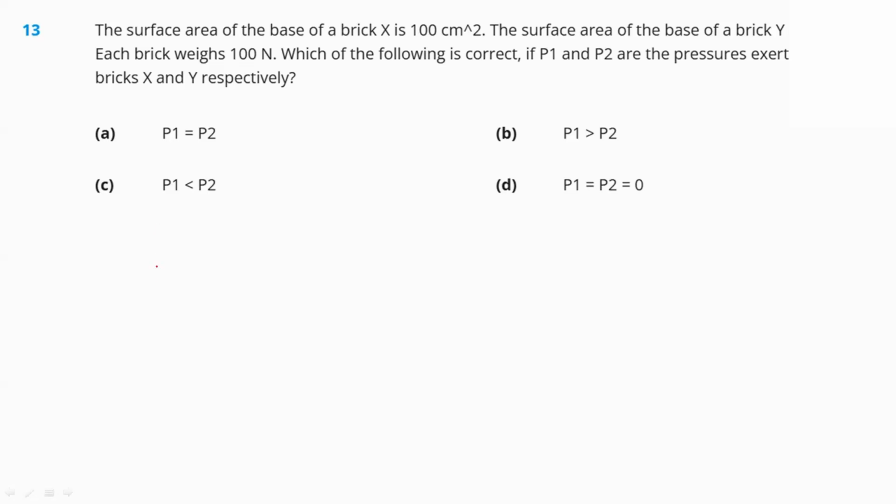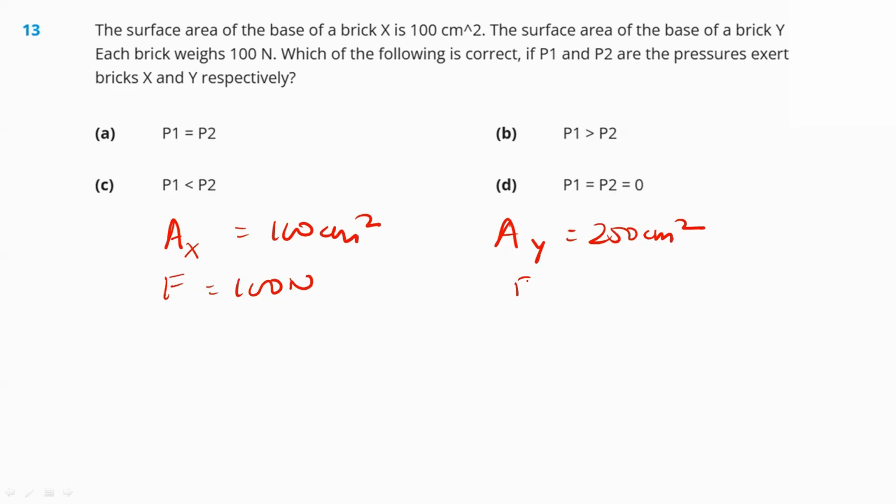So surface area of brick X is 100 centimeters squared, and surface area of brick Y is 250 centimeters squared. The force acting on both of them is 100 Newton, which is the weight. Now we know that pressure is equal to force per unit area.